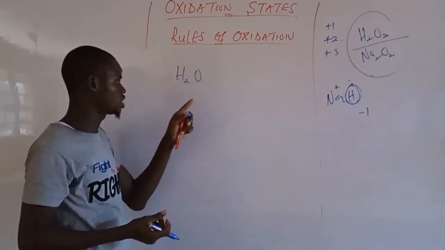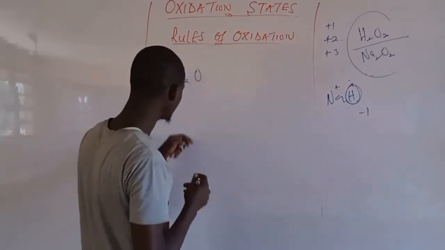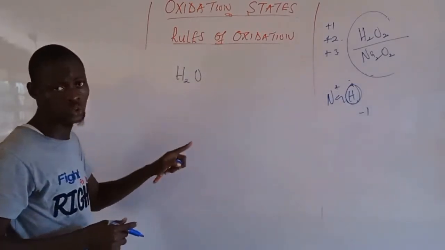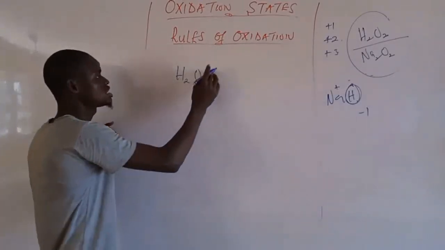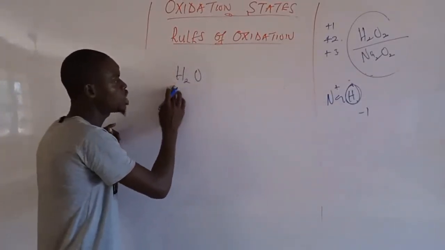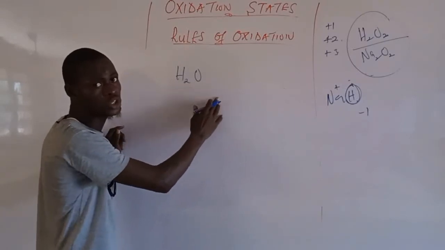As you know, oxygen has an oxidation state of -2. We want to know the oxidation state of hydrogen in this place. How do we calculate it? Since this is a neutral oxide, the sum of all the oxidation states here must be equal to 0.